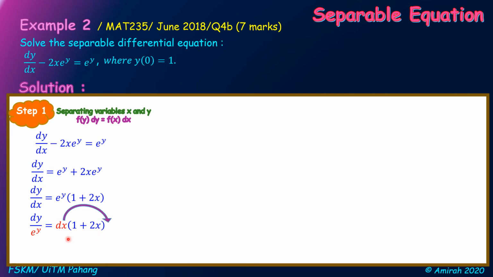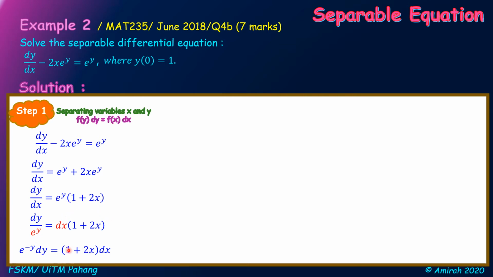Then we can move dx to the end, outside the bracket, and we can move denominator e to the power of y to the numerator using the properties of indices. So we can write e to the power of negative y dy equals 1 plus 2x times dx. Now, we have completed separating variables x and y.